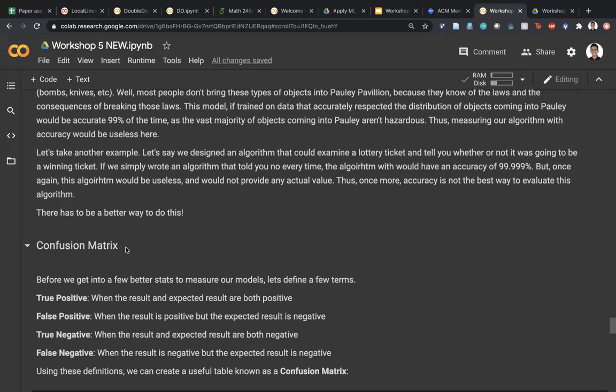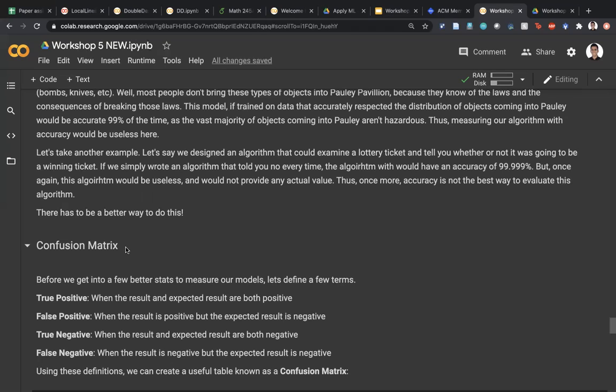Then you also have the false positive rate, when the expected result is negative, but your model still predicts positive. This could be a case where TSA searches a bunch of people even though they're completely innocent, just to be on the safer side.